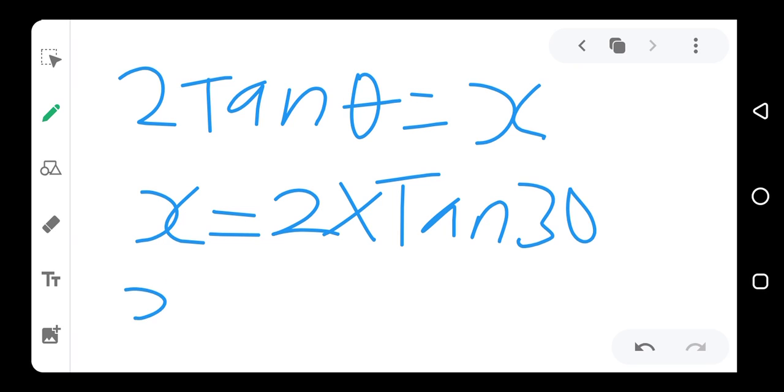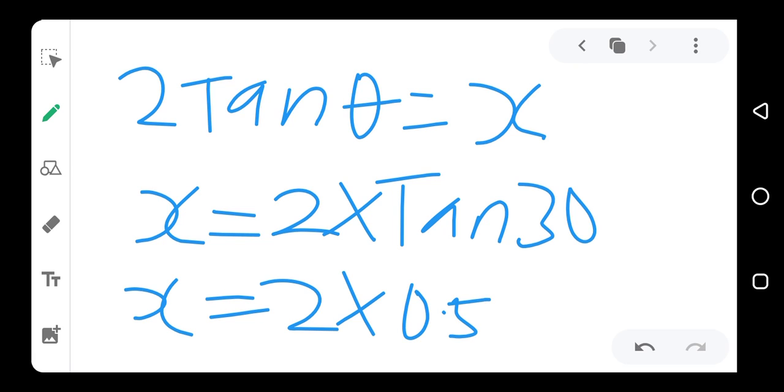x is equal to 2 times, if you use your scientific calculator and press tan, they all have tan, you are going to get 0.5774.